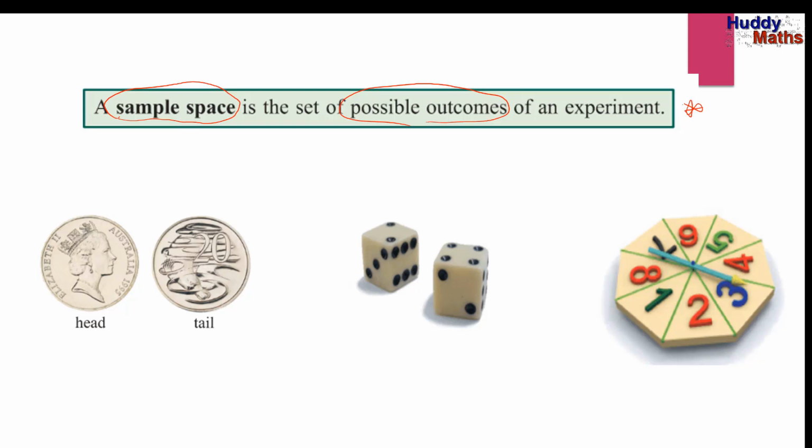Let's have a look here. What's a sample space when you toss one coin? Well, the sample space would be a head or a tail. So the sample space would equal the set {head, tail}. And when you roll a die, what's the set of possible outcomes? The sample space is the set of numbers 1 through to 6.